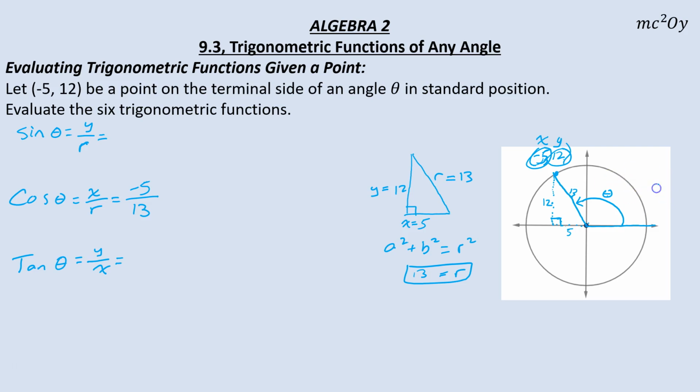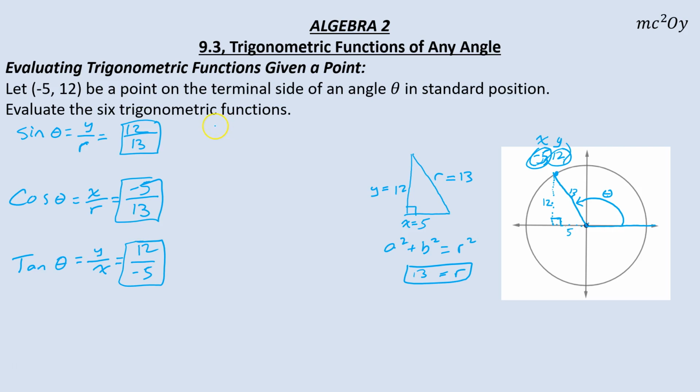Okay? So negative 5 over 13 for x. Y is 12 over 13, the radius. Okay? So those are your values.